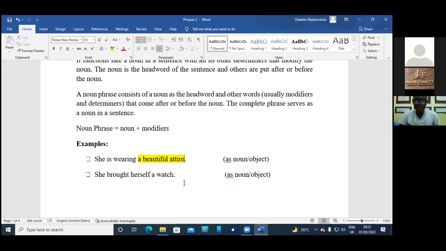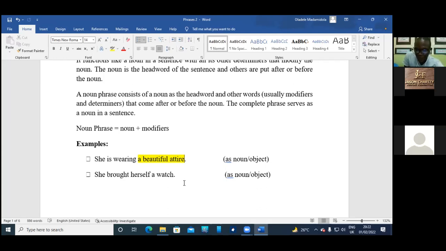Let's look at it this way. If you have she here, what is it? The subject, right? And then you have is wearing, which is the verb phrase, right? So if you have she is wearing, let's say, a dress, that will be the object.